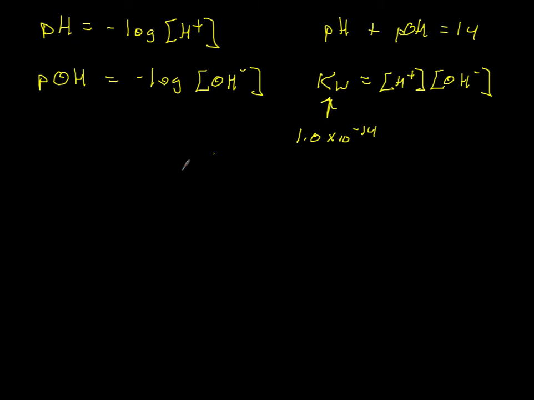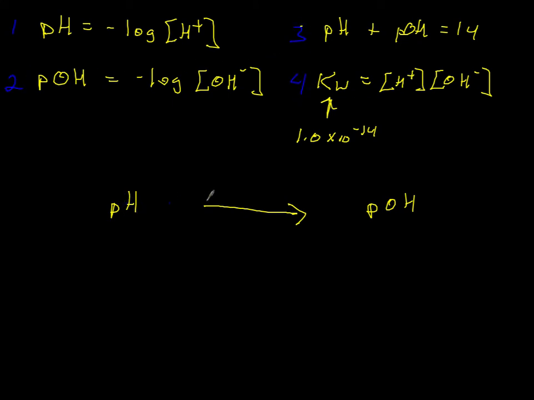And so, for example, if we have the pH, then we can go to the pOH. We can find the pOH if we know the pH. And you would use this equation right here. We'll label these. Let's call this equation 1, equation 2, equation 3, and equation 4.